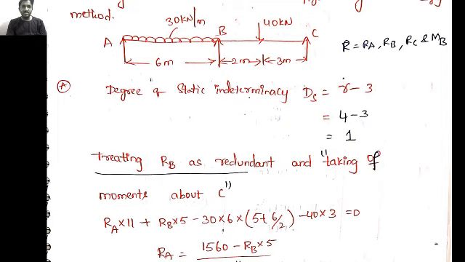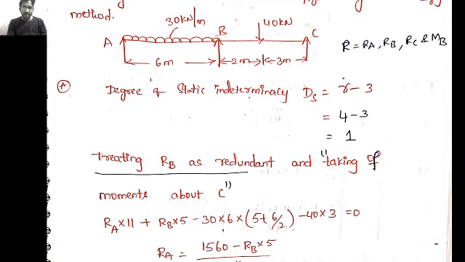Taking RB as redundancy, first you solve for the reactions. Make a step: take moments about C equal to 0. What moments come at point C?